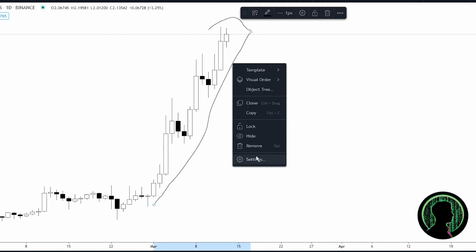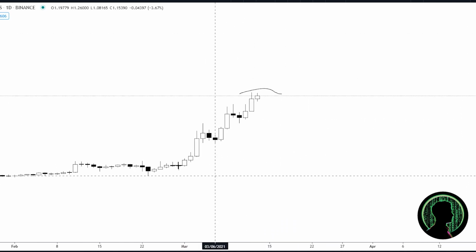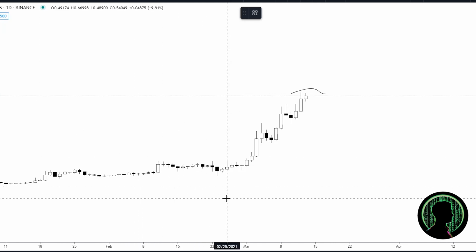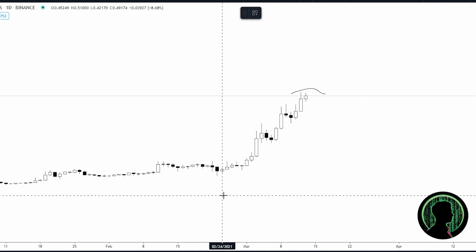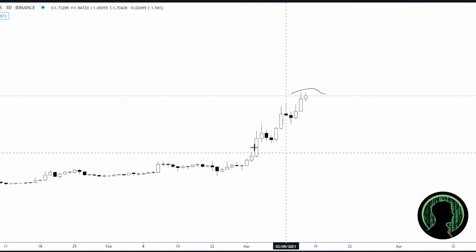Does anyone really know a reason for why the top forms? Not really, there's no specific reason, like because Loma said it's the top. There's just no real specific reason.